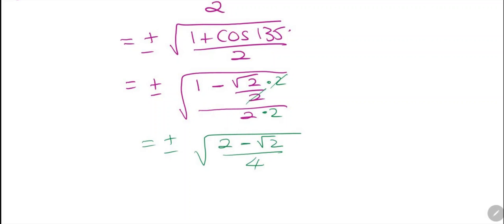Because we had minus root 2 over 2. So, right, we're going to just simplify this last bit now.